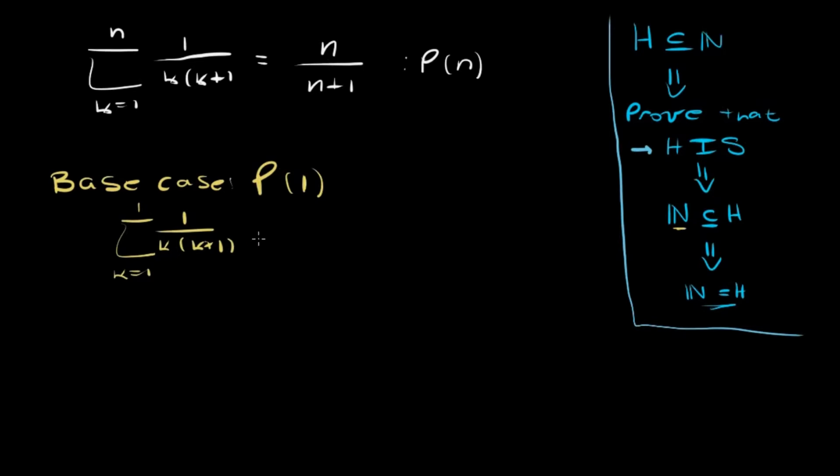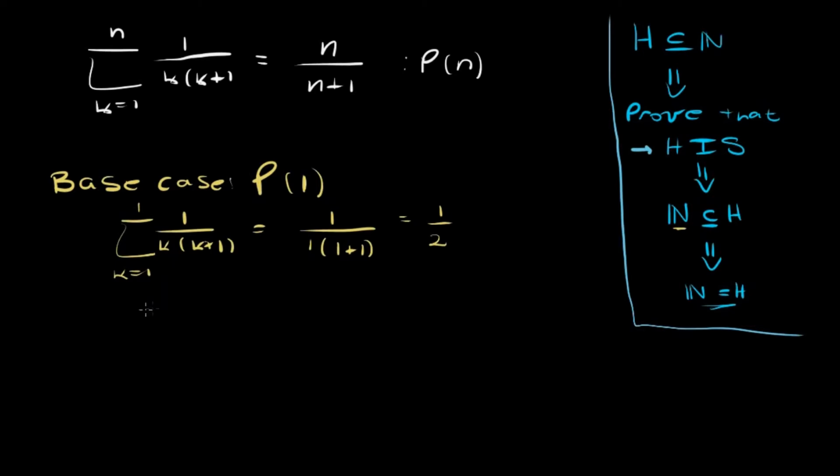We want to know if this equals that other side. Let's calculate this. It's no sum because it's only one element, so it's 1 divided by 1 times 1 plus 1. So this is 1/2.